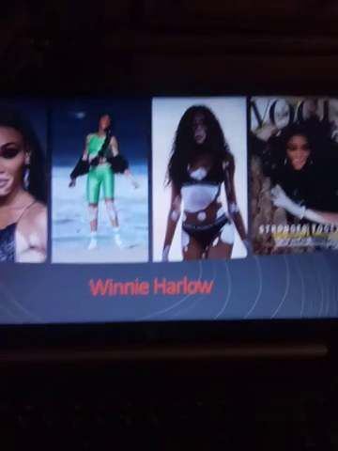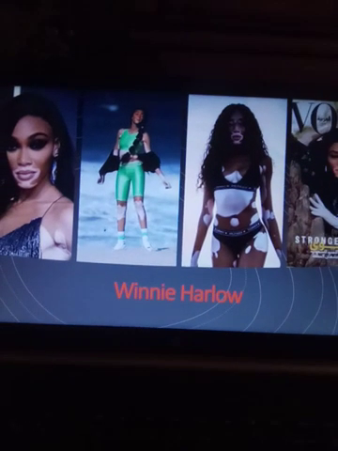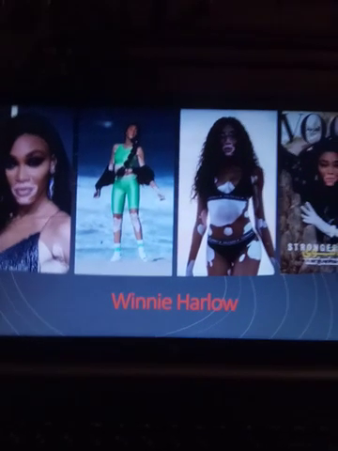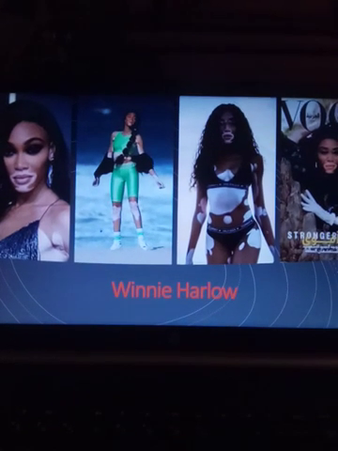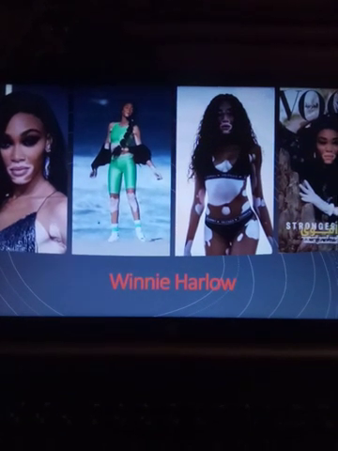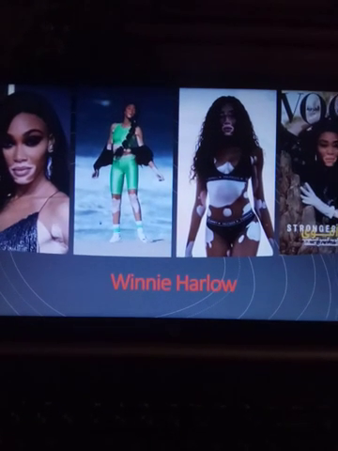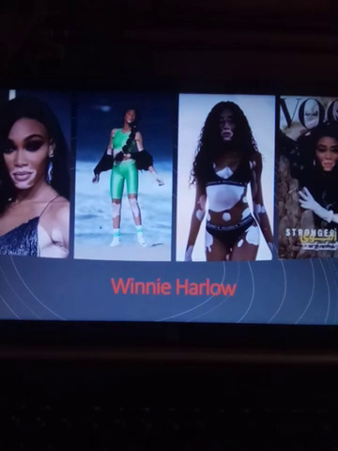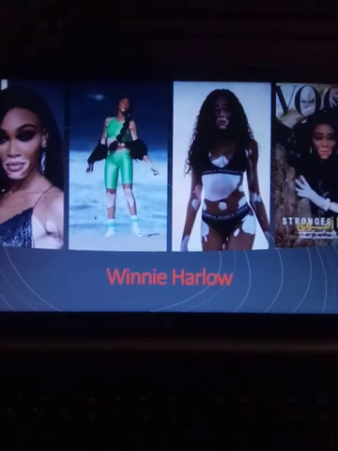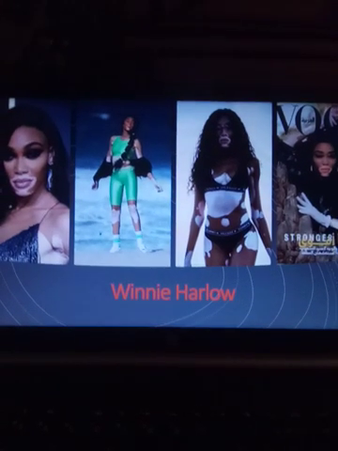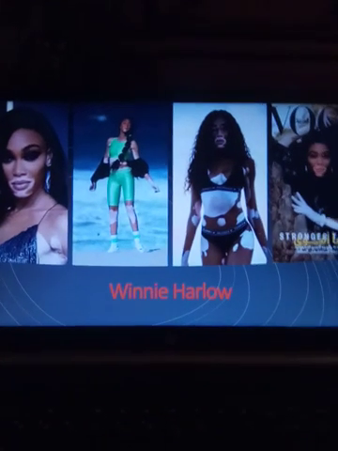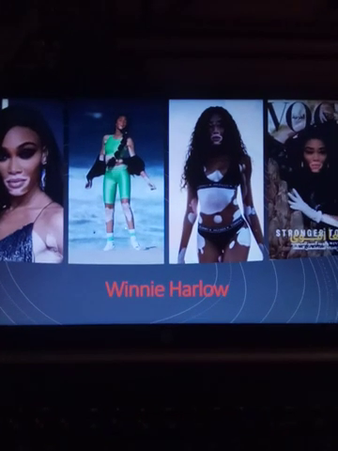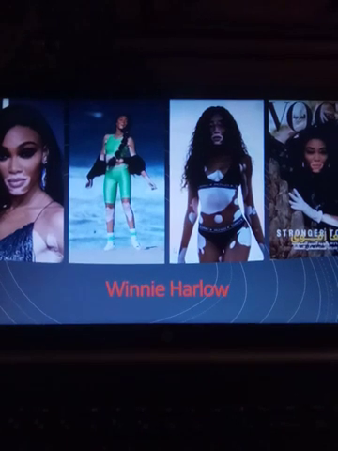She has vitiligo all over her body, and it hasn't stopped her from achieving her dreams. It shows people that she's comfortable with her skin, and that no matter what, you can do and be what you want to be, and it doesn't matter about your outside, but what's inside that makes people who they are, and to never give up.